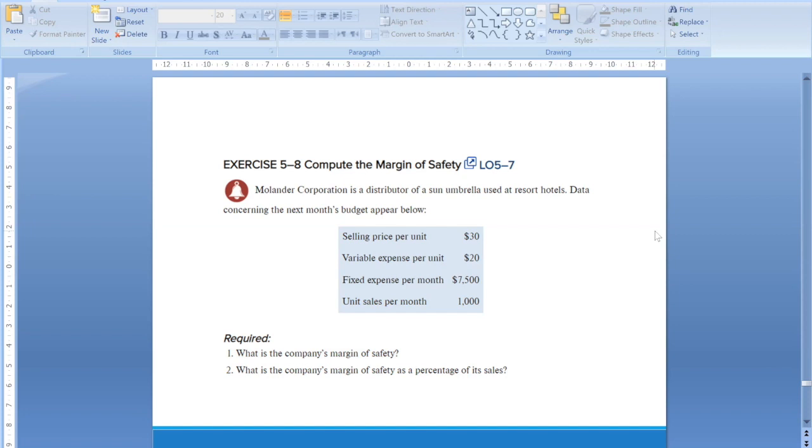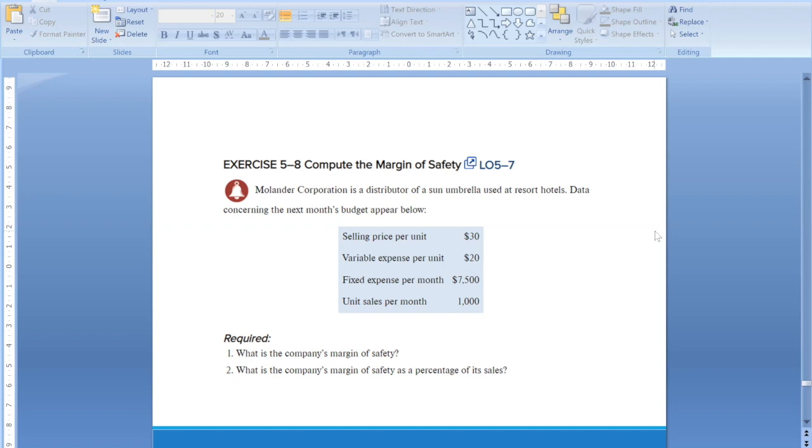So we need to remember the definition of the MOS, the margin of safety: actual or budgeted sales minus the break-even point sales. So we need to calculate the two amounts.